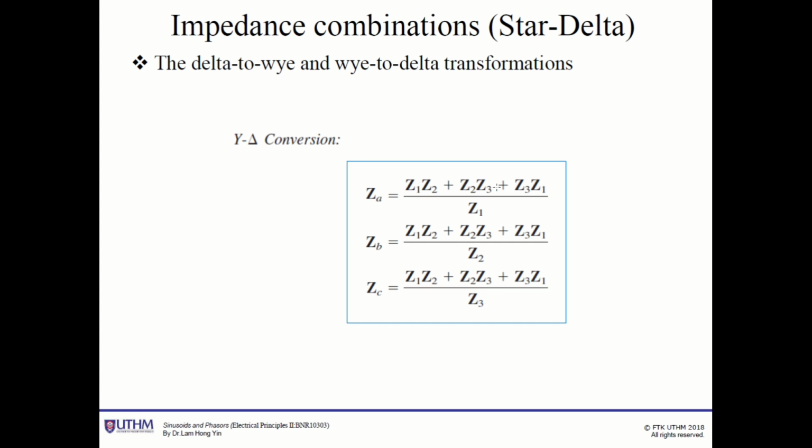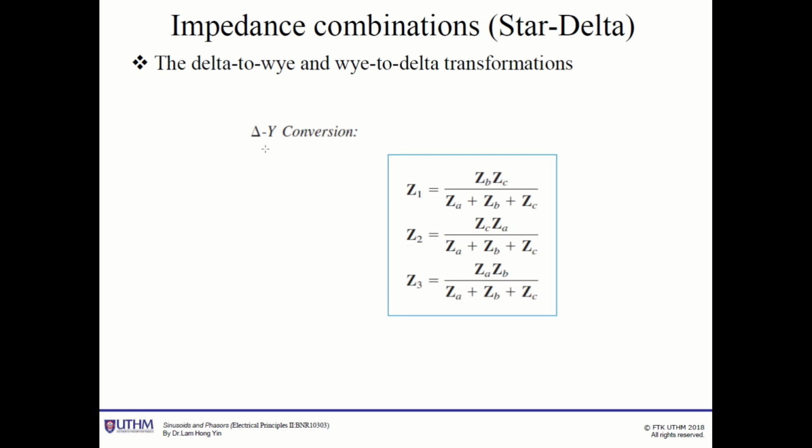The upper side of these three equations is the same: Z1 times Z2 plus Z2 times Z3 plus Z3 times Z1. Similarly for the other impedances A, B, and C. So you have to remember which impedance you need to divide by. Hope you understand.